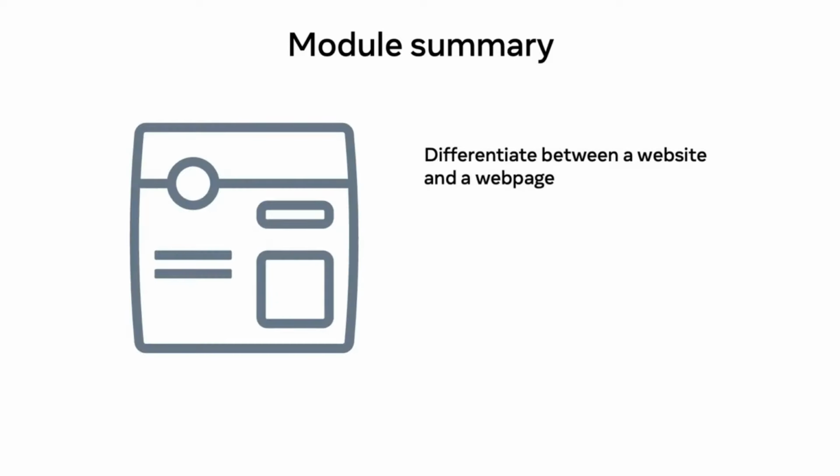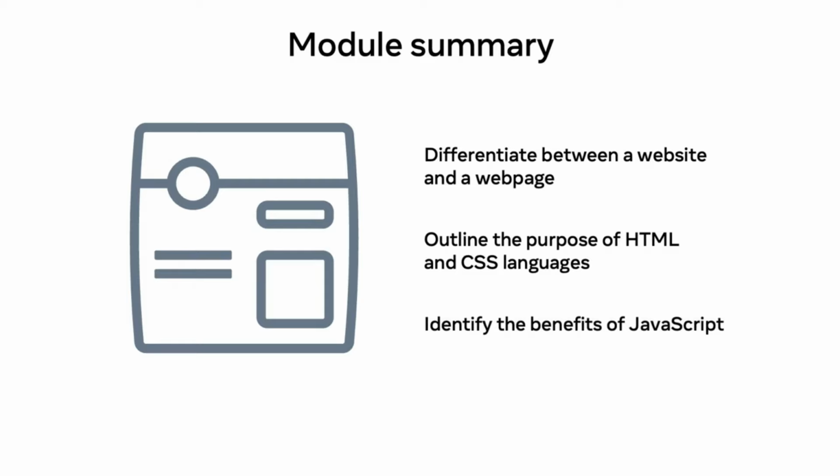You also explored the basics of key concepts like web pages, web servers, and web browsers. In terms of web pages, you can now differentiate between a website and a web page by outlining the key elements of each, outline the purpose of HTML and CSS, and provide an explanation of how they work, and identify the benefits that JavaScript provides to a web page, like interactivity and data processing.